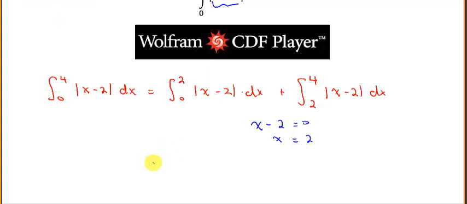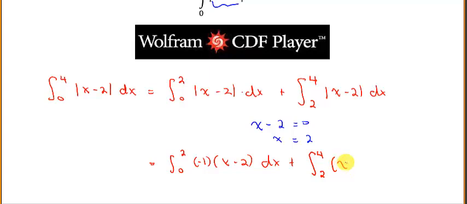So this is going to be the integral from 0 to 2 of negative 1 times x minus 2, because that's what the absolute value will do. It'll change the sign. Plus out here, say x is equal to 3 on this interval, we'd have this as positive, so the absolute value is not going to do anything to it.